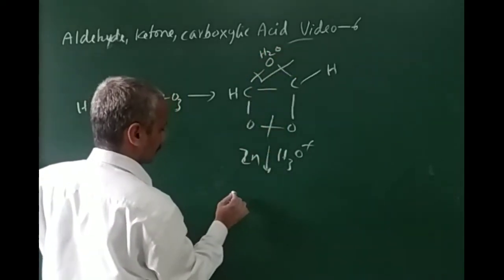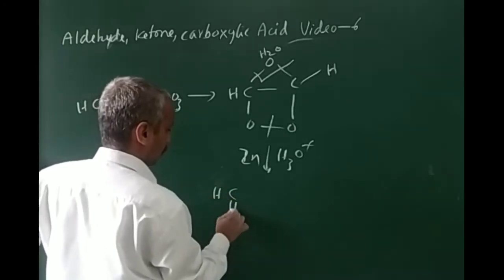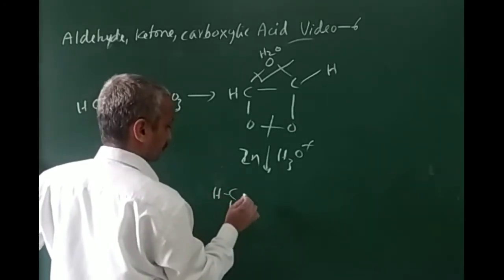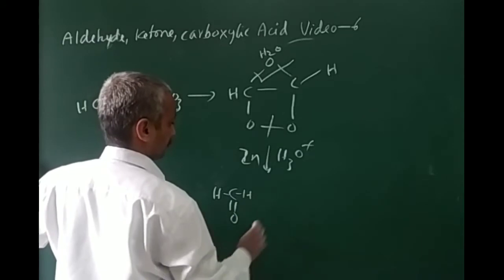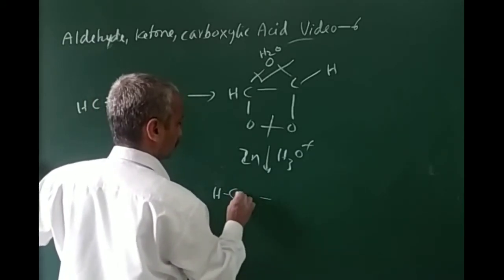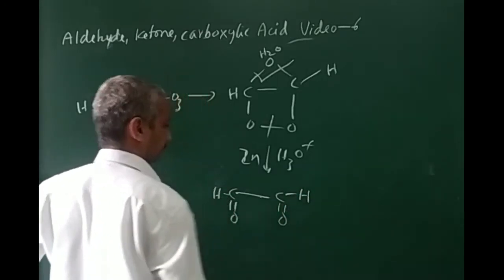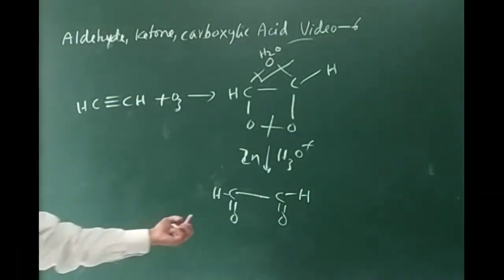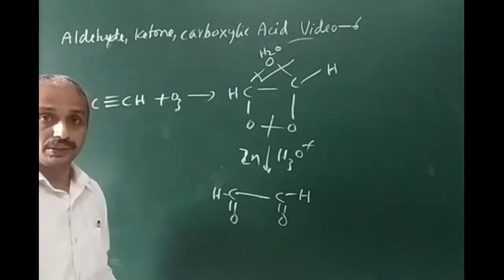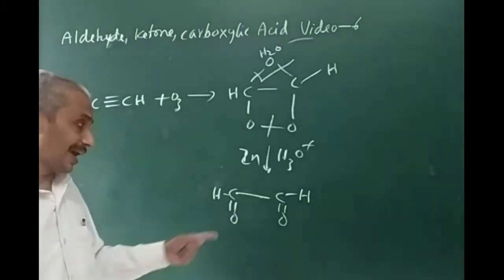I am going to get CH double bond O, C double bond O, H. I am going to get a dial. Ethylene glycol it is.